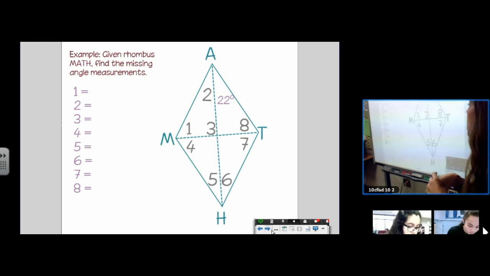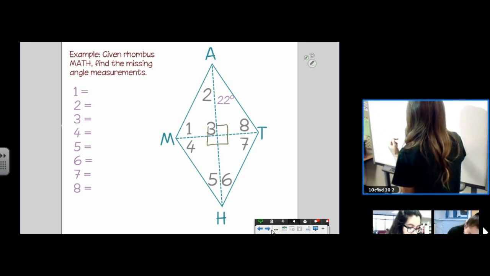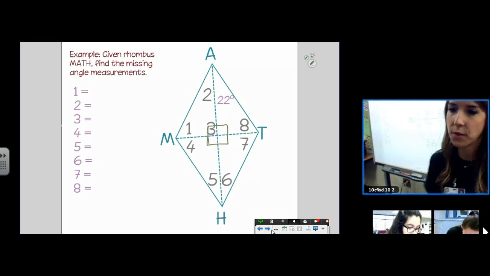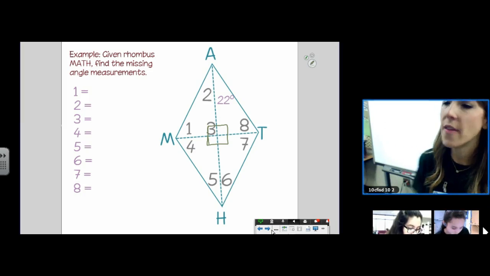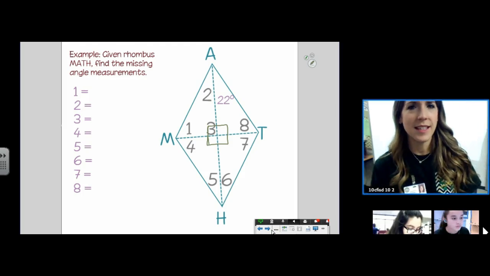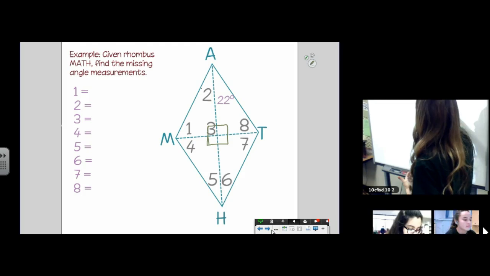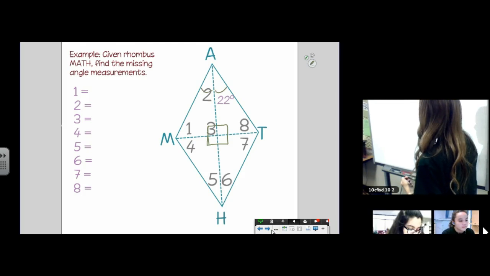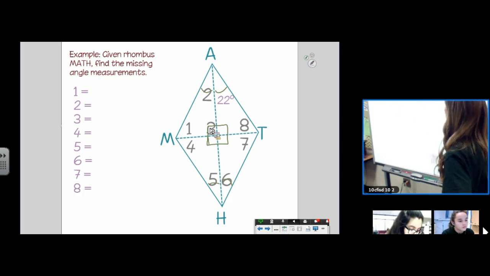Let's read the next property. In a rhombus, the diagonals are perpendicular. Well, look at that. I just solved for angle 3. 90, 90, 90, 90. All right, let's read another property. In a rhombus, the diagonals cut the angles in half. They bisect the angles. Look at that. Arc, arc, arc, arc.